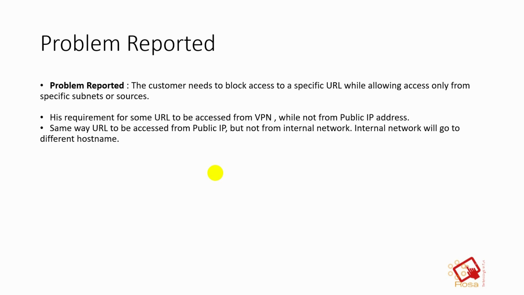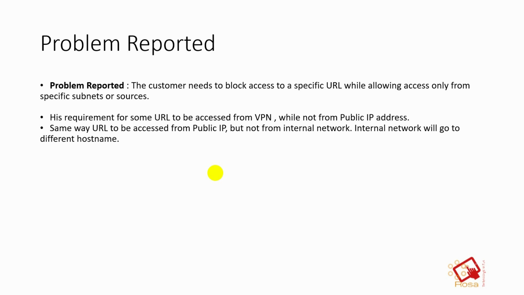The same way around, they had to access some URLs or applications from public IPs while restricting access from the internal network, because the internal network was going to a different host name while public IPs needed to go to another host name. This requirement prompted me to create a video about URL access policy on Fortiweb.